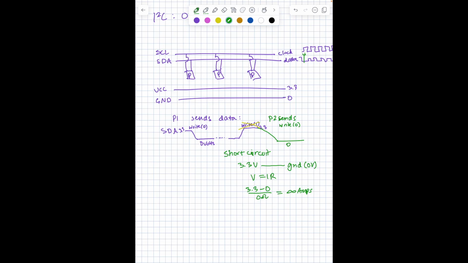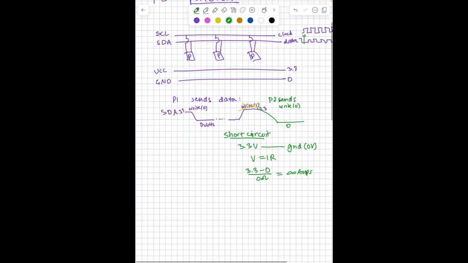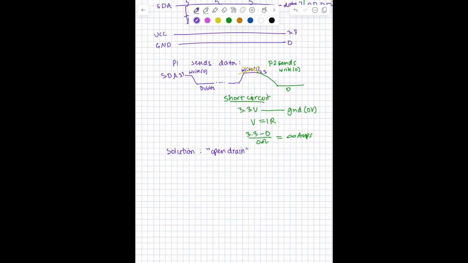You might see little sparks fly. So the alternate way to deal with this is open drain. You basically have SDA, you write 0 when you want to start a transmission, and when you're done with the transmission, you set pull-up. And this is not the same as setting to 3.3 volts.